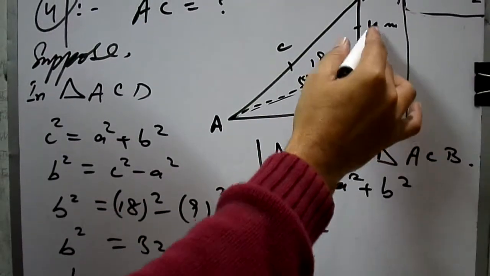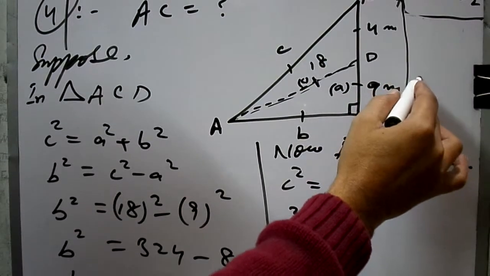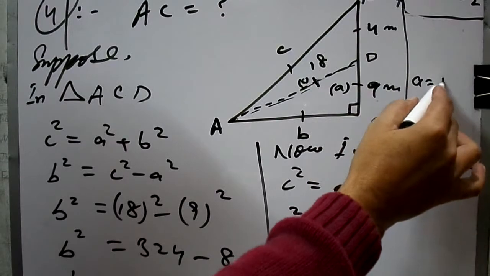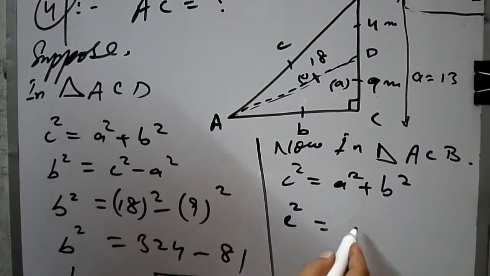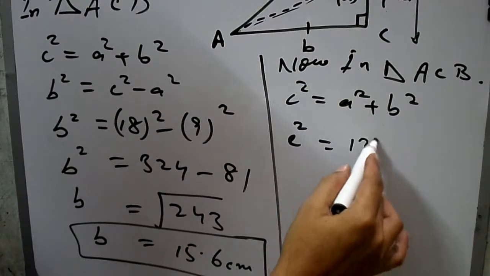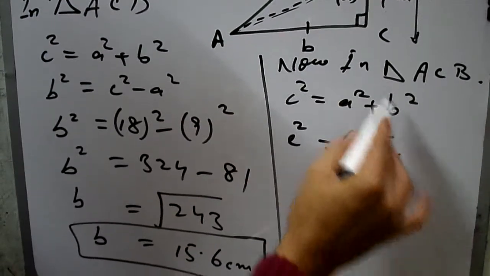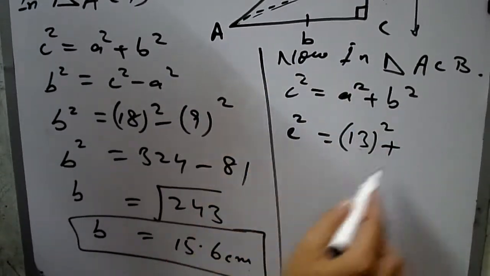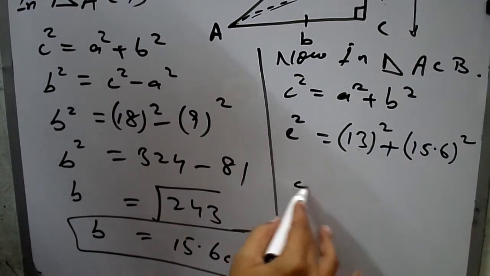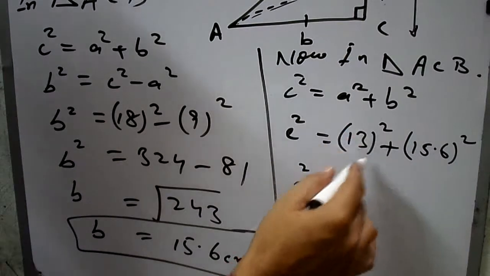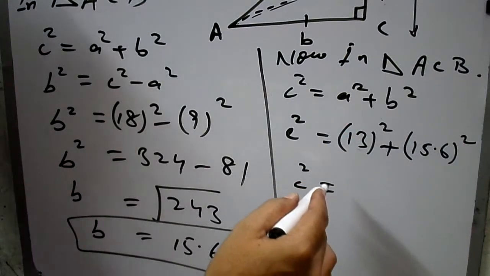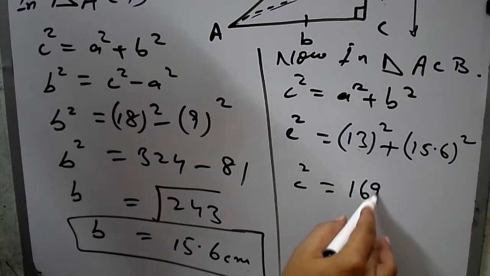Here 9 plus 4, you will get 13. So 13 square, plus the value of B which you have calculated, 15.6, whole square. So the value of C square is 13 into 13, 169, and you have to simplify it.